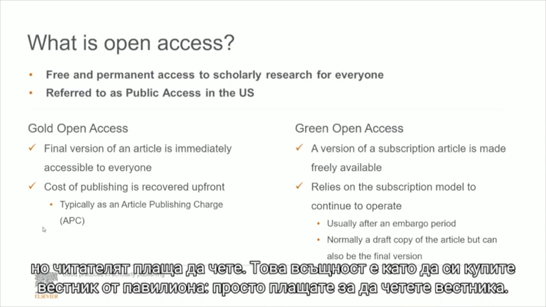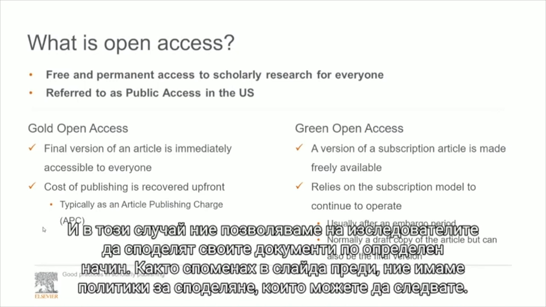So it's basically like buying a newspaper in a kiosk. You simply pay to read the newspaper. And in this case, we allow researchers to share their paper in a given way. This is what I mentioned in the slide before. We do have some sharing policies that you can follow.